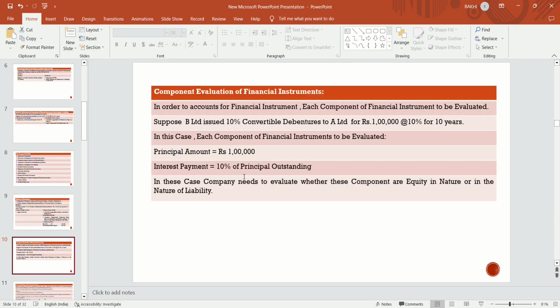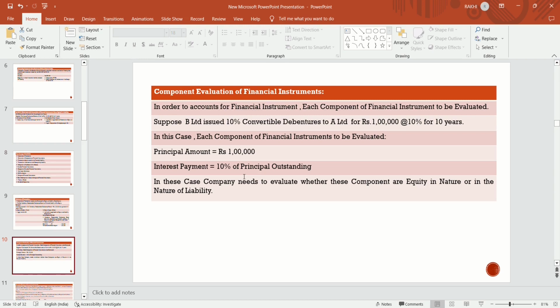Now, component evaluation of a financial instrument. In order to account for a financial instrument, each component of the financial instrument is to be evaluated. Suppose B Limited issues a 10% convertible debenture to A Limited for rupees 1 lakh at the rate of 10% for 10 years.